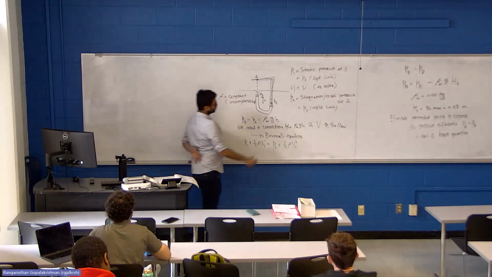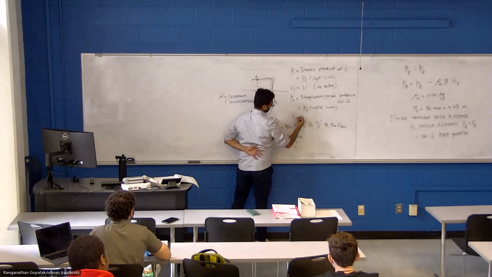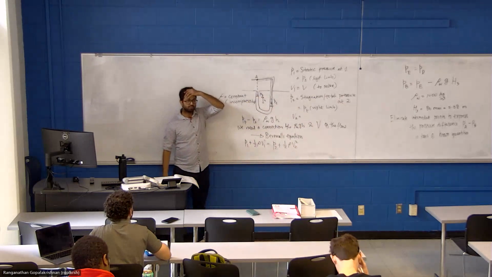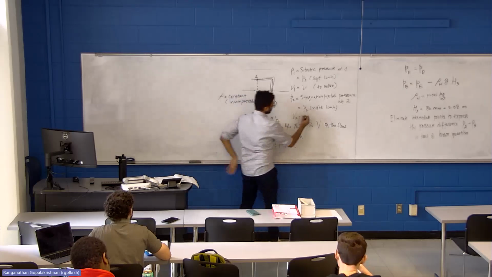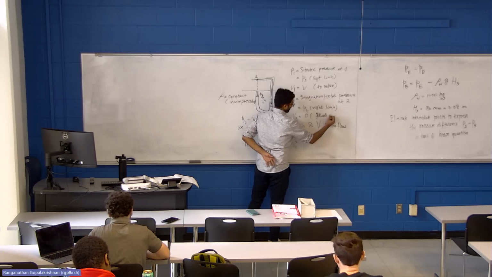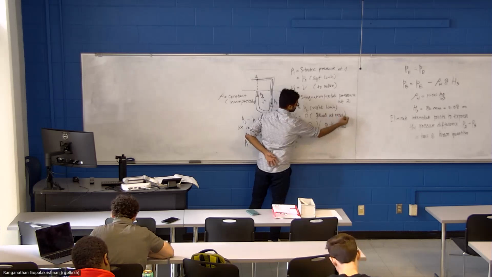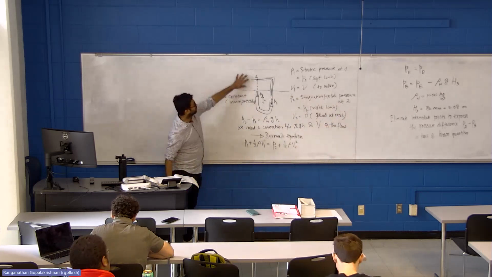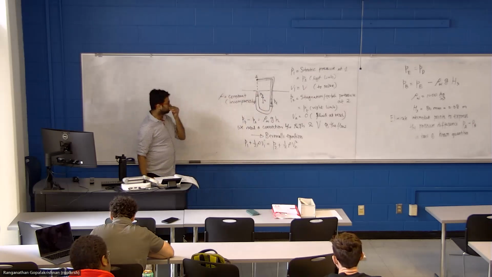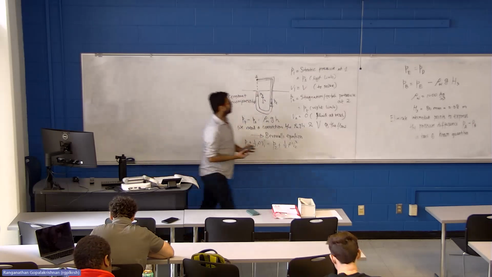And what is V2? What is the velocity at point 2? 0, because the fluid has been brought to rest. Fluid at rest. It's been decelerated from V to 0. Okay, so you put that in.